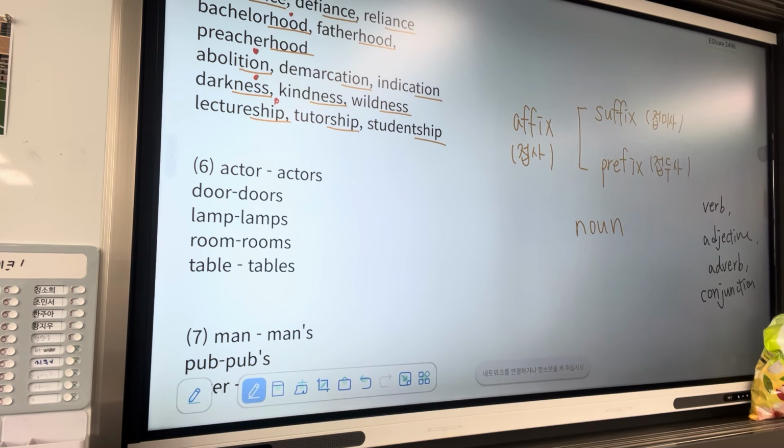The words in 6 and 7 illustrate a similar point. In 6, we have plural endings indicating that we have more than one item of a kind, whereas in 7, we have genitive endings, which usually, although not exclusively, indicate possession. The man's clothes, the pub's clientele, my sister's cat.